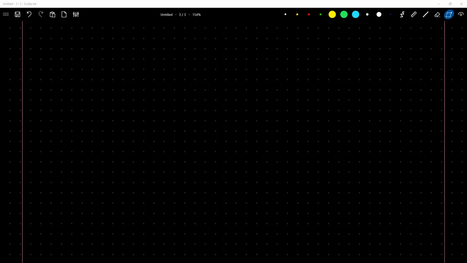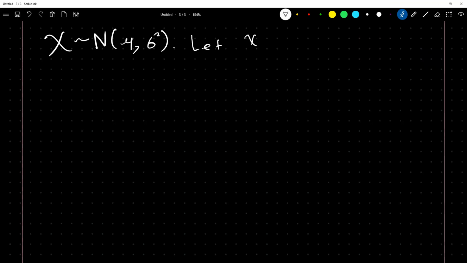Okay, so we start by noting the fact that we've got a random variable x that comes from a normal distribution, and that we go ahead and take some random samples from that distribution. So these are going to be our random samples from that distribution.